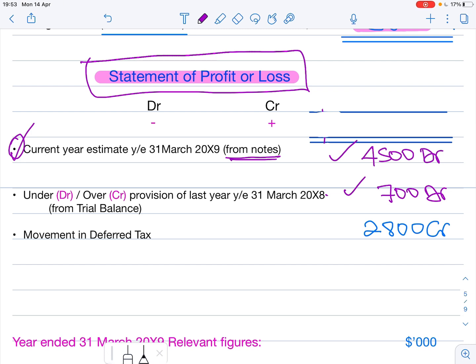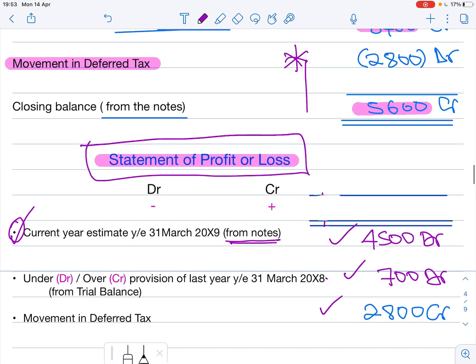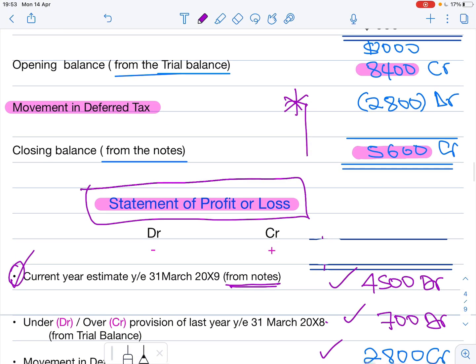But these 2.8, you can't just drop it anyhow. It is the difference between the opening balance of our deferred tax and the closing balance of our deferred tax. So you have a difference of 2.8. And how do we know it's a negative balance in the deferred tax account? It's a negative balance because the liability of 8.4 at the start of the year has now reduced to a liability of 5.6 at the end of the year.